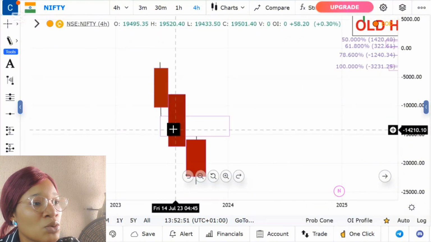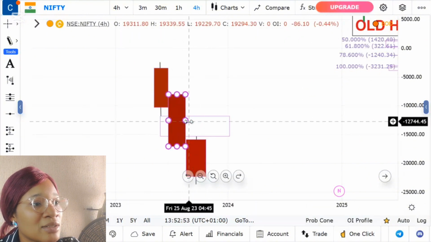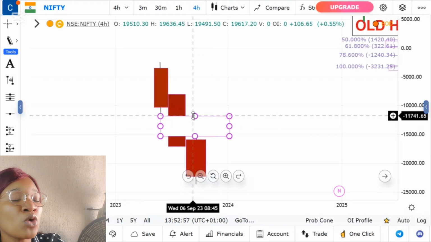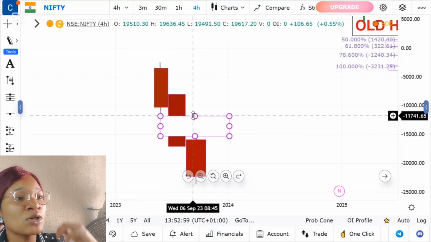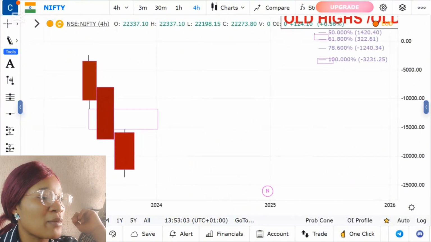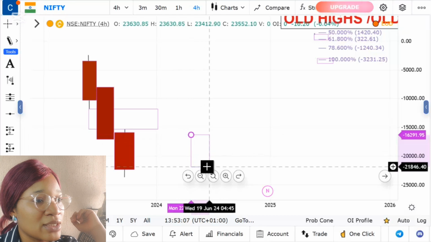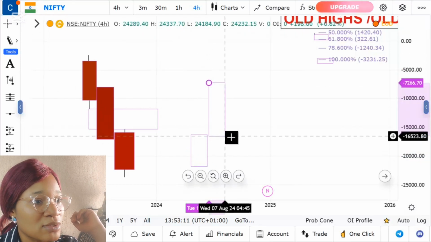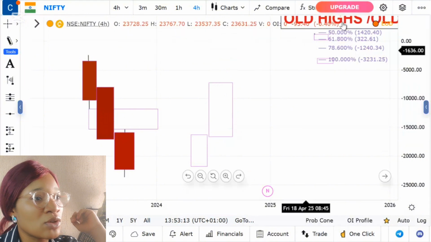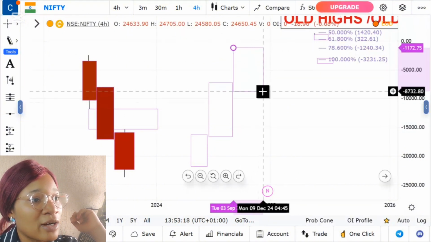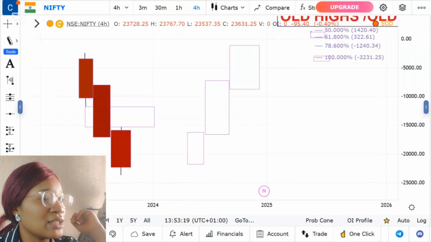So let's assume that this is a buy movement, with three buy candlesticks, even if they have wicks or not. Let's just focus on the three candlesticks.